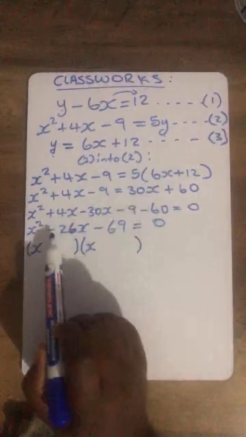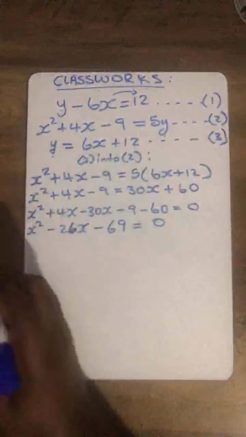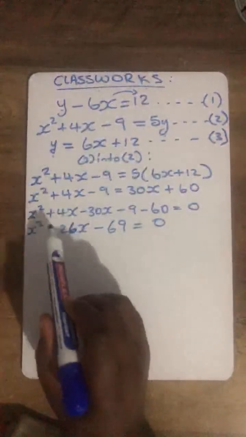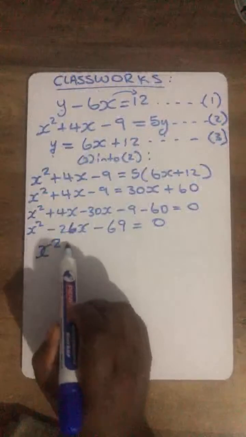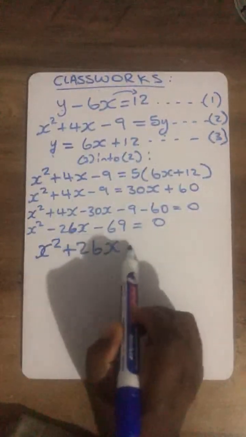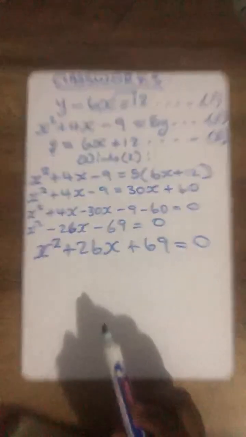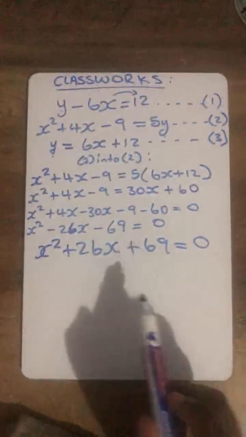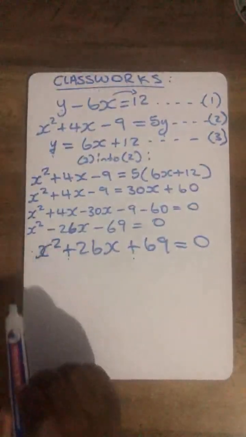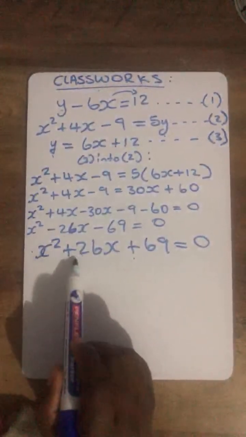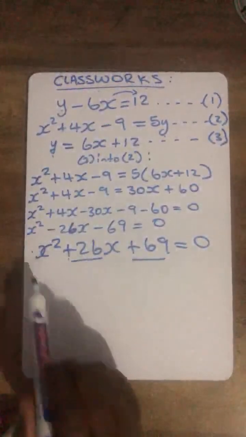So on the textbook, after this step, they changed it to say x squared plus 26 plus 69 equals 0, which doesn't make sense to me, because the moment you change those to be positive, that means this one also has to change, because you can't only change this to positive. That one also has to become negative.